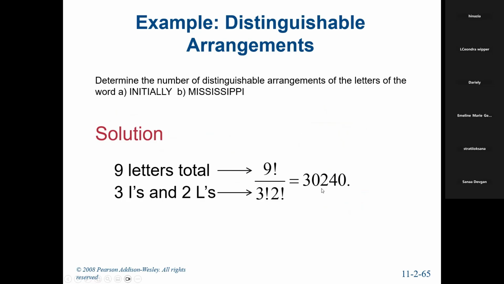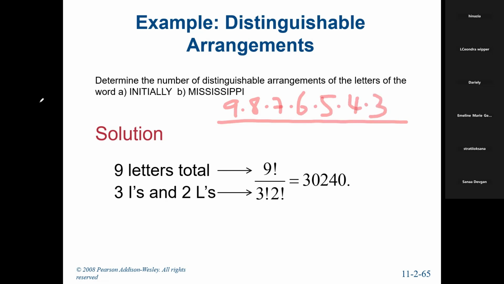When you do this calculation, you can stop at 3 factorial, okay? You can go here. 9 factorial would be 9 times 8 times 7 times 6 times 5 times 4. And then we stop at 3 because 3 is greater than 2.